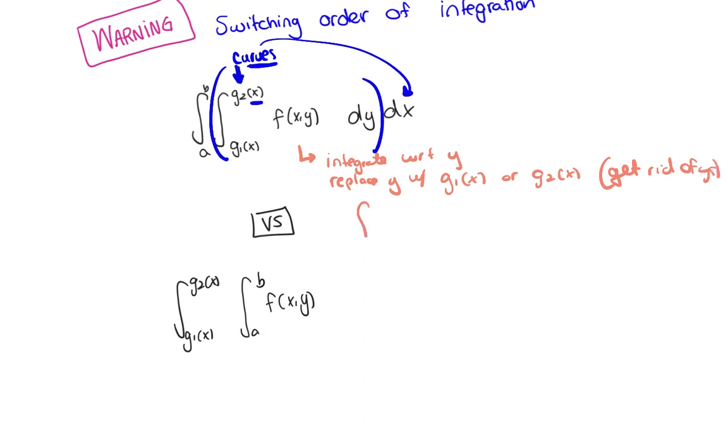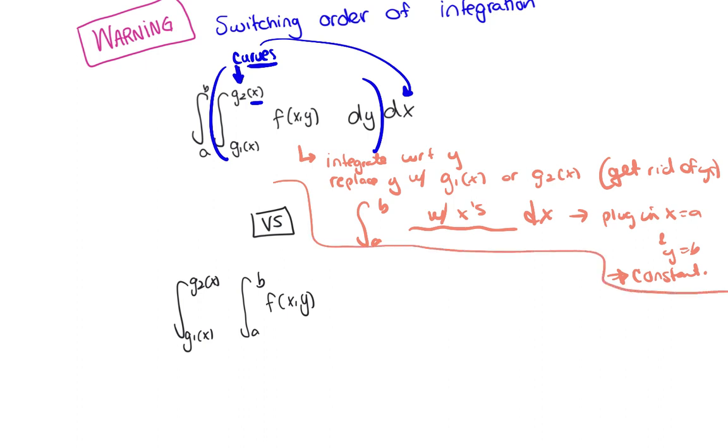And then I integrate something with x's with respect to x, and then plug in x equals a and x equals b, and just get some sort of constant. So I am going to get this nice constant at the end. I'm able to get rid of both of my variables.